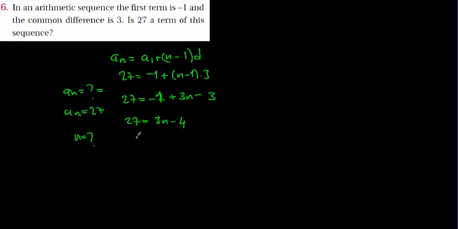The last part is 27 plus 4 is equal to 3n, and 31 is equal to 3n, n is equal to 31 over 3.